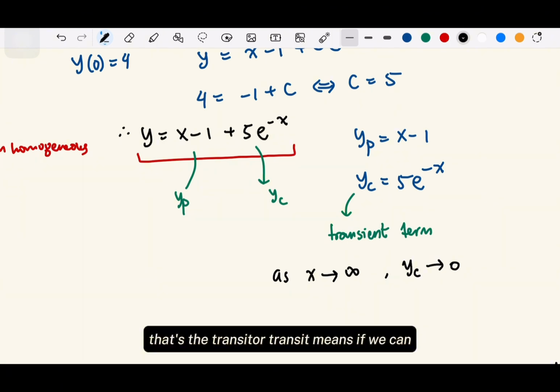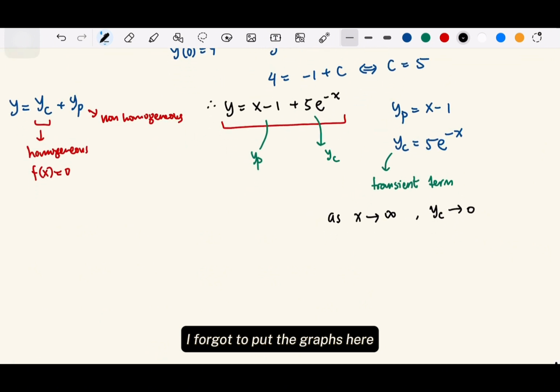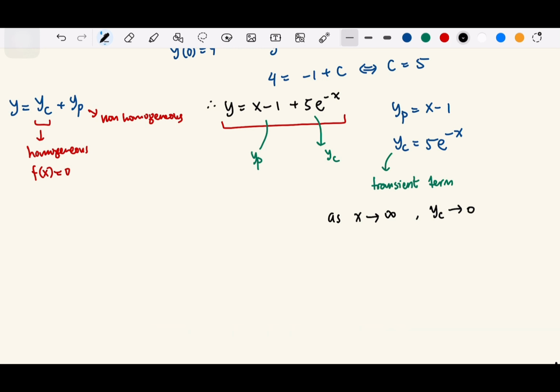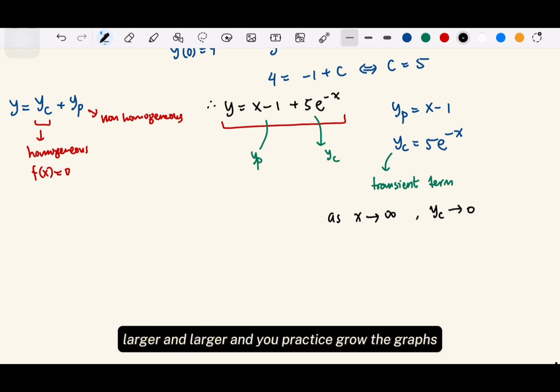Transient means we can make the terms negligible or not really significant. I forgot to put the graphs here, but if you take x larger and larger and draw the graph, it will get close to x minus 1.